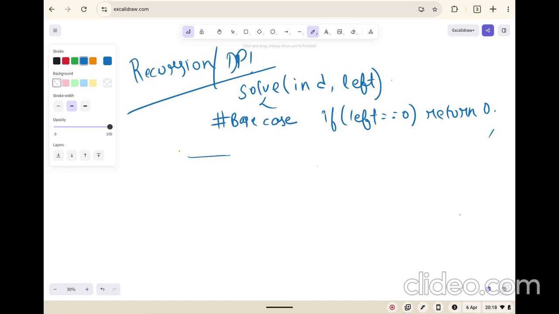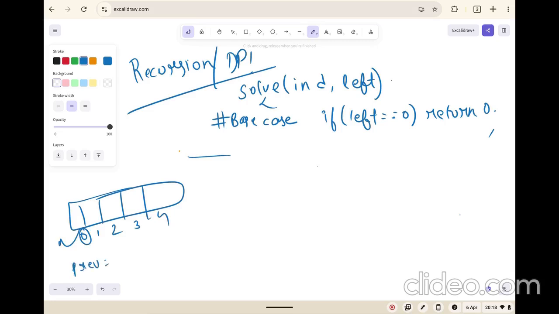Let's move further. Now we need to find the previous and next elements in a circular array. Let's say I'm at index 0, 1, 2, 3, 4. If you are at 0 and you want to find your previous, there's a formula for it.